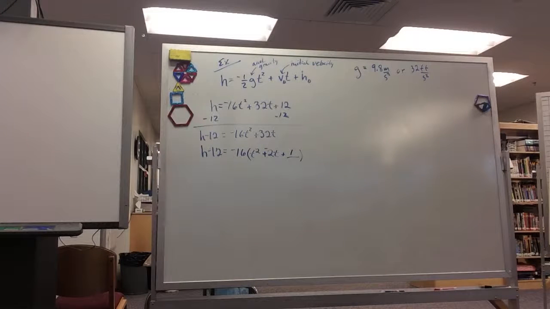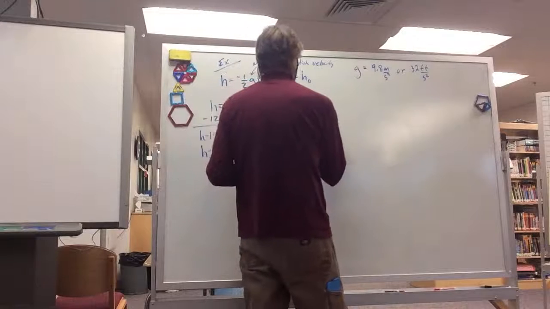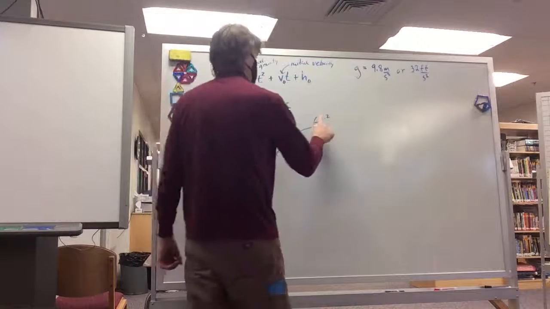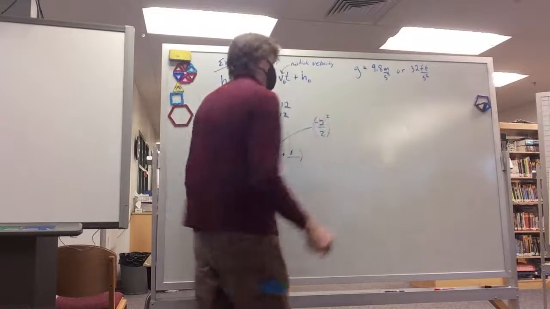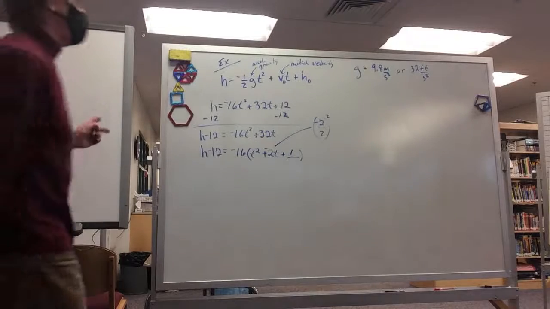So then why would 1 be positive? Because negative 2 halves quantity squared is negative 1 times negative 1, which is 1. Oh, I forgot about squaring it.